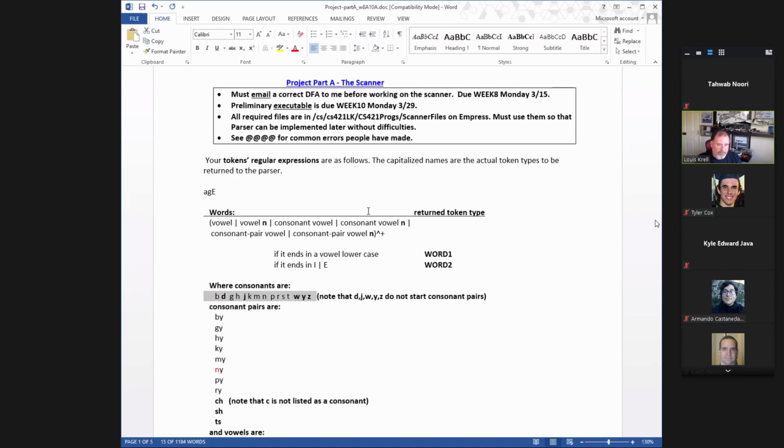Now, you're going to see that as you work with these finite automata, for your non-deterministic one, and then you convert it to a deterministic finite automata, does anybody see something special about the character N? It's the only standalone consonant. Meaning this one?